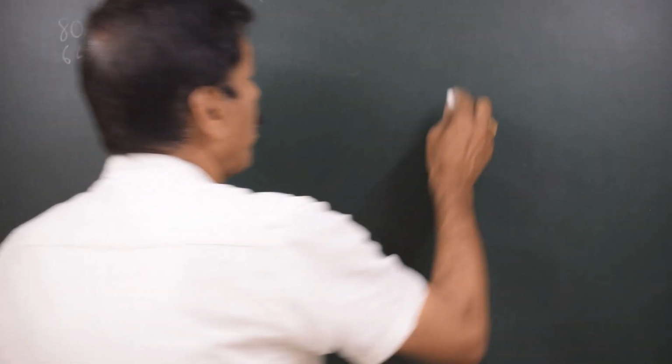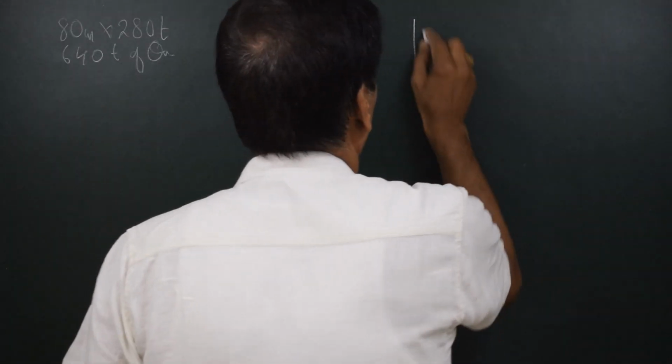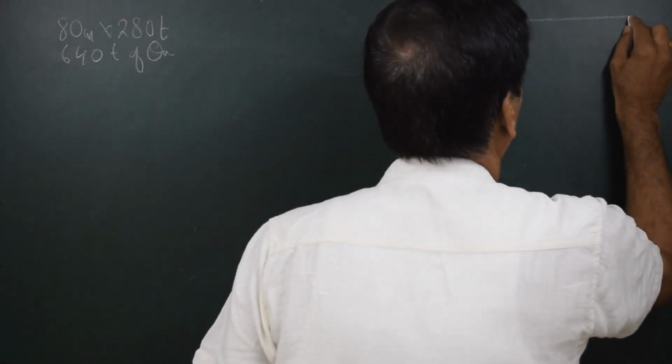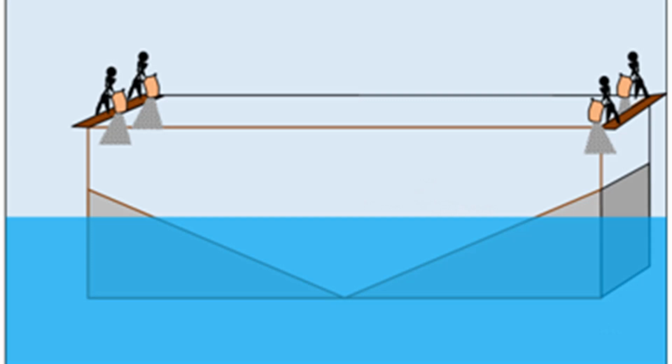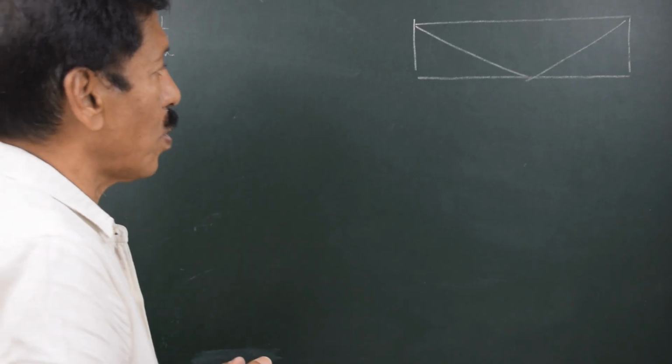So it can be seen this way, that the barge is loaded like this. I call it a reverse prism loading.